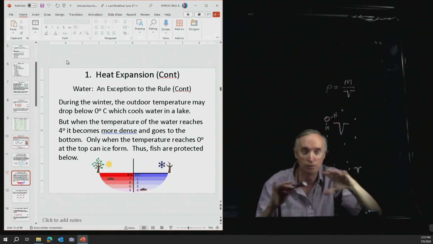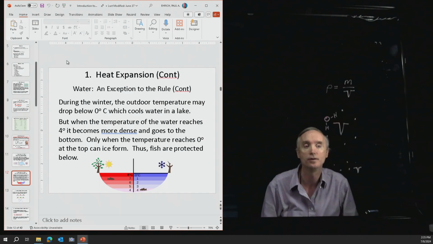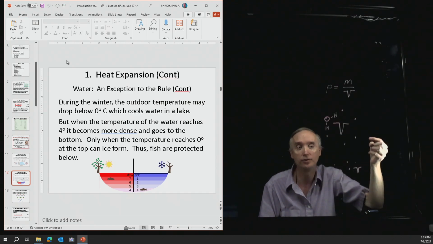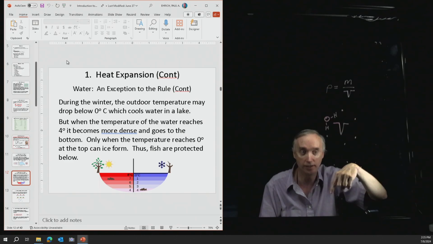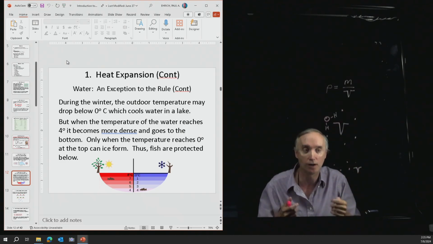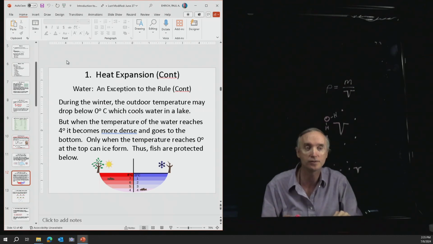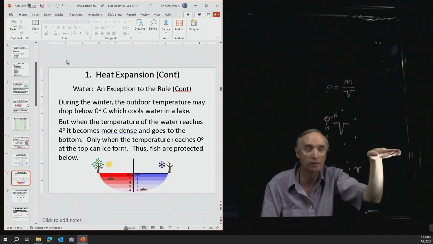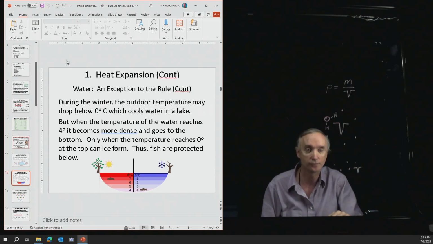So now the whole lake is at that temperature of 4 degrees. Now, whenever you lower the temperature of the lake, once it reaches 4, it can start to go down even further. And eventually it can reach 0 degrees Celsius. And then when it reaches 0 degrees Celsius, the top part of the lake can freeze over.